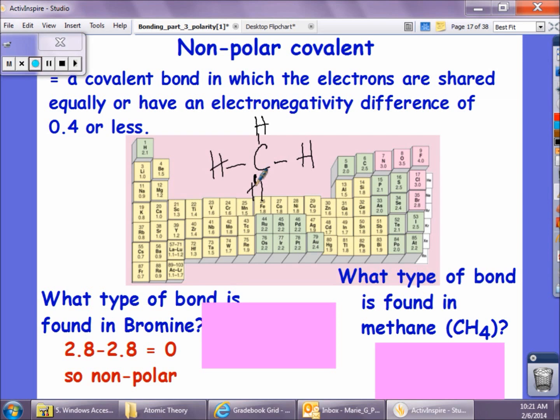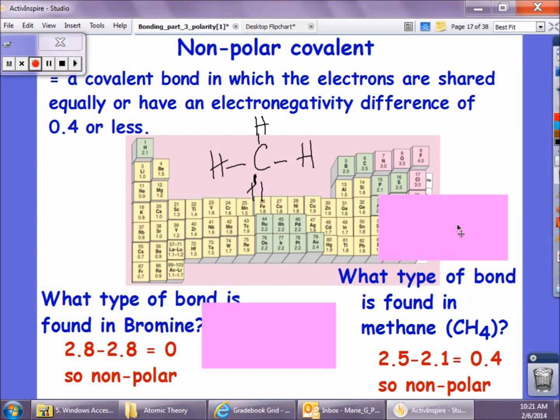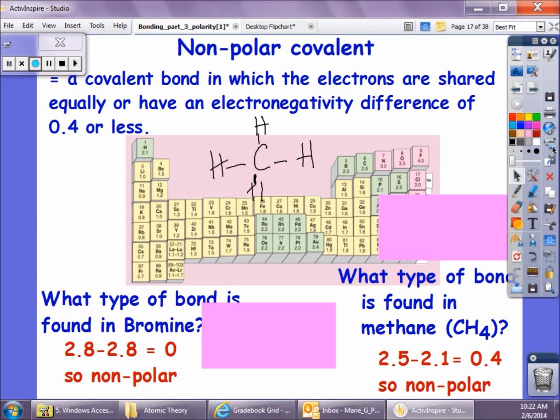Can someone tell me the difference in electronegativity between H and C, the absolute? 0.4. Is the bond between C and H polar or non-polar? Non-polar, because we said from 0.4 to 0, it is non-polar. CH4: 2.5 minus 2.1 gives you 0.4, so it is non-polar.